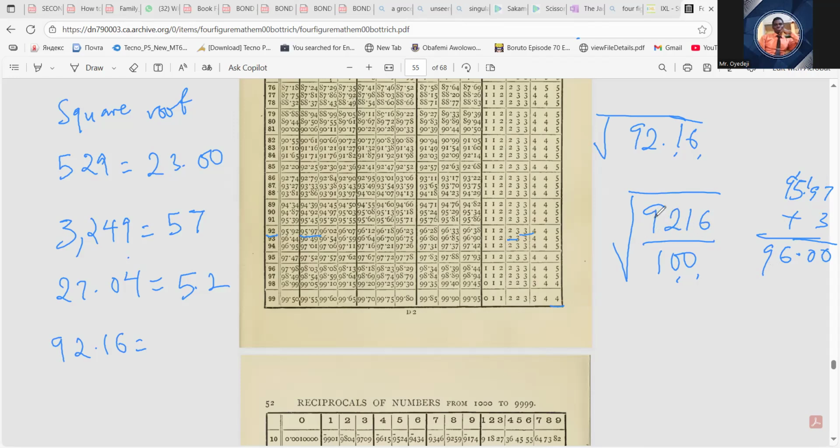So the square root of 9216 is 96.00. So we're going to write that out as 96.00. Square root of 100 is what? Is 10. Which equals to what? Remember, we'll move the point and cancel. That would be 9.6. And there goes your answer.